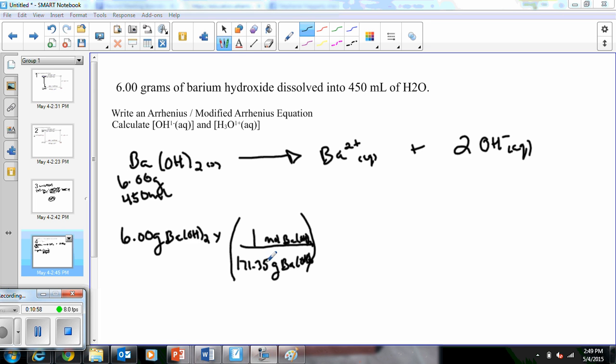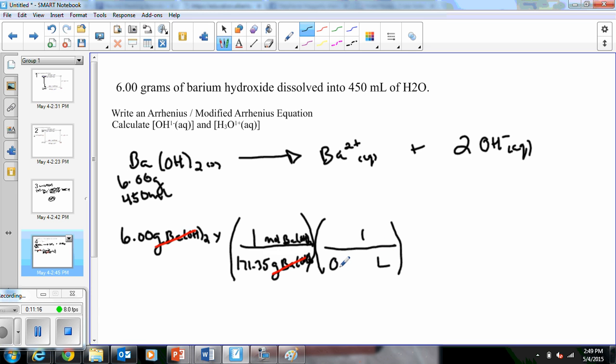Molar mass is 171.35 grams. So grams of barium hydroxide cancel. So now I have moles, but I want it to be per liter. So we're going to have volume in the denominator. So 1 over liters. And the volume that we have is 0.450 liters.